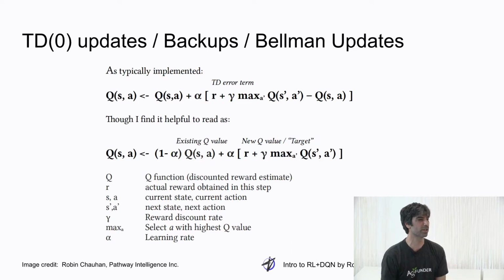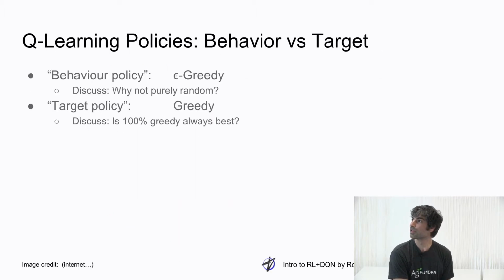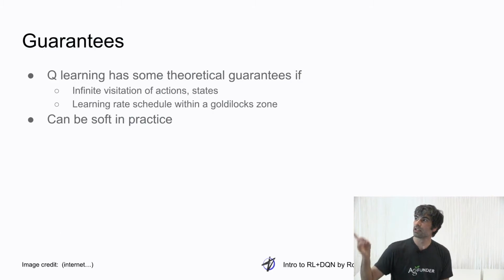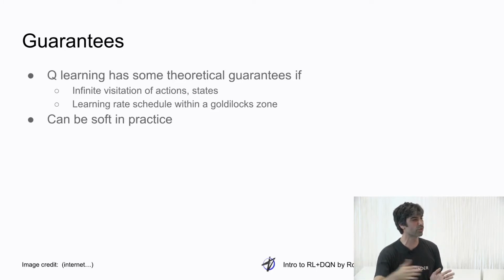Yeah, excellent question. There are some theoretical guarantees, but the conditions, and don't quote me on this, but this is what I'm getting from everything I've read: you have to visit infinitely and try infinitely, and your learning rate schedule can't be too high or too low.